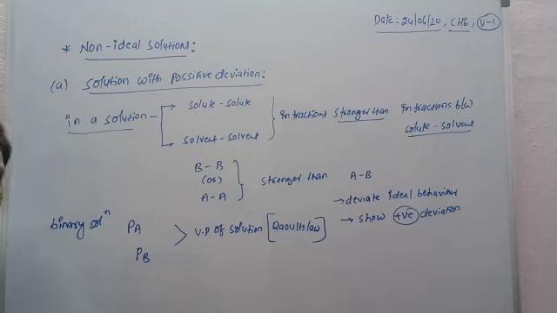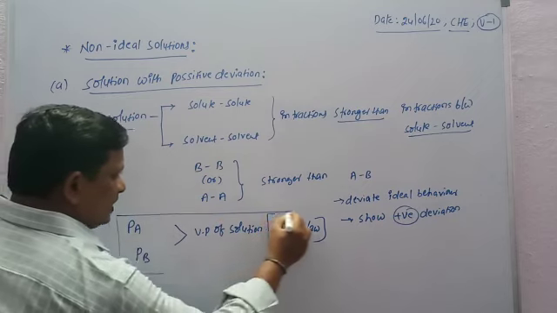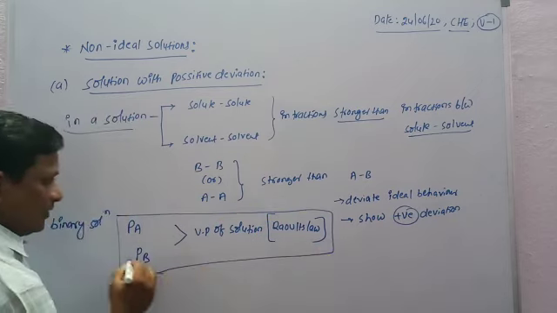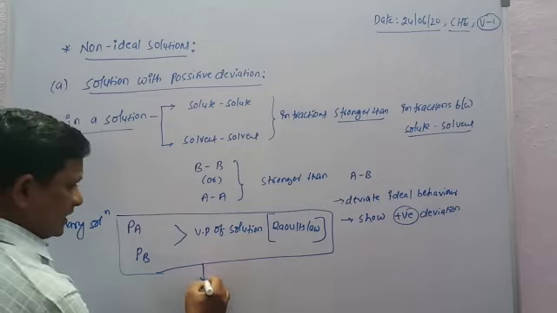If volume increases, then it shows the positive deviation. So now PA and PB are greater than the vapor pressure of the solution. Interactions between molecules are weaker.